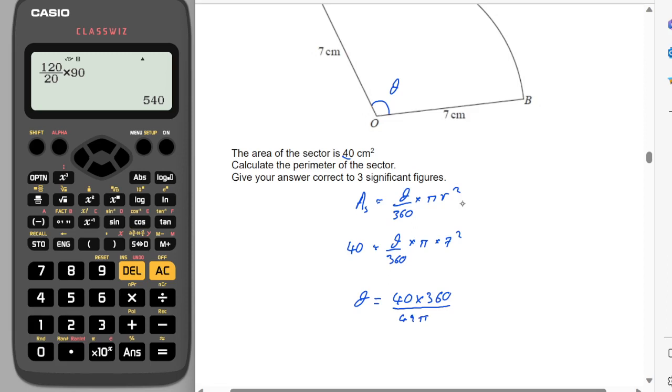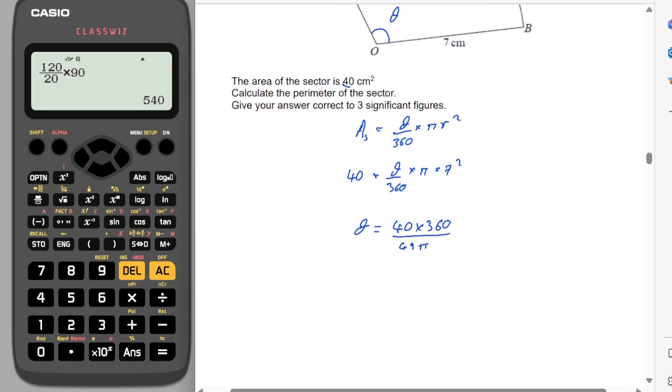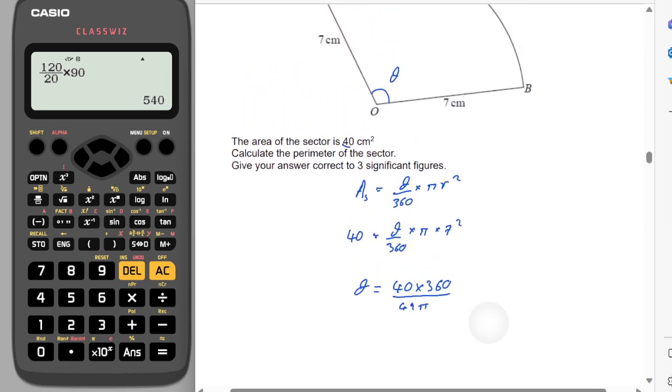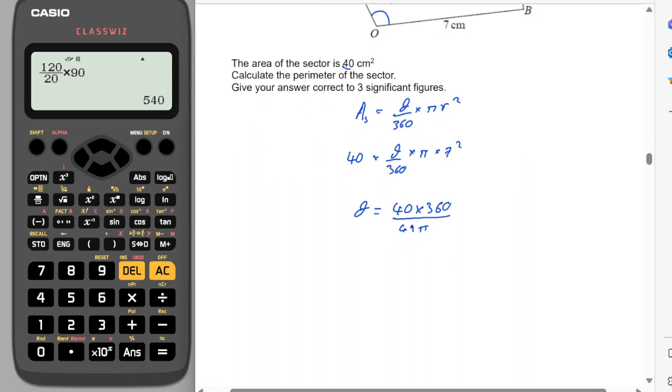I'm going to leave it like that for now, just because I'm going to avoid going into decimals. So the perimeter of the sector, let's do it this way first of all. So the arc length is going to be equal to theta divided by 360 times by 2 pi r. So that's going to be equal to theta divided by 360 times by 14 pi.